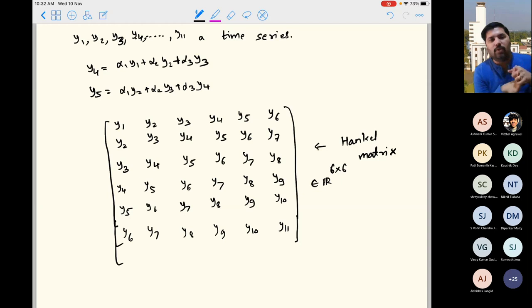If you observe this relationship in all the yi's, then can you say something about this matrix? Student: It's a symmetric matrix. That's right, obviously it's symmetric, you are absolutely right. But more than that, what can you say?